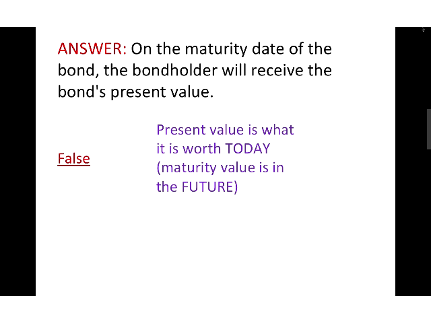Maturity value is in the future. Maturity value will be higher than what it's worth today because things gather interest over time. But the present value of $1 in your hand right now is the dollar. Over time it accumulates interest. So the present value is going to be less than the future value.